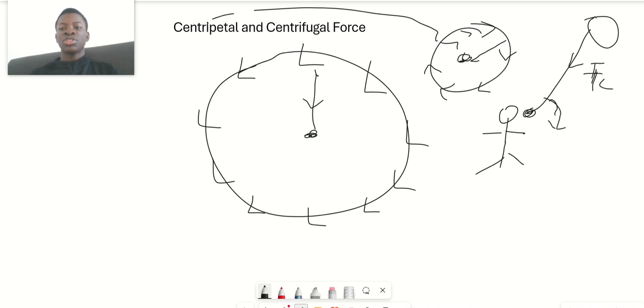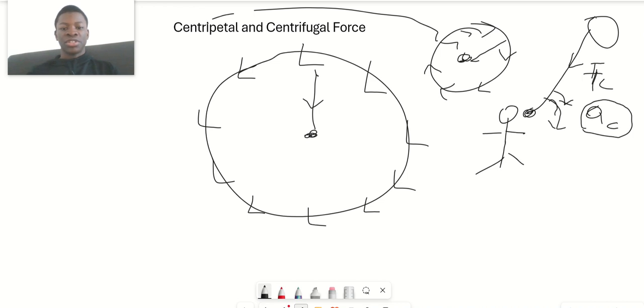The acceleration at which the stone actually changes its angle is called the centripetal acceleration.